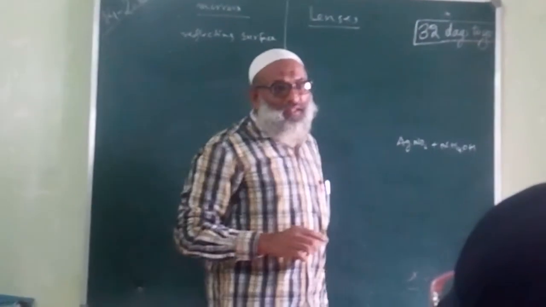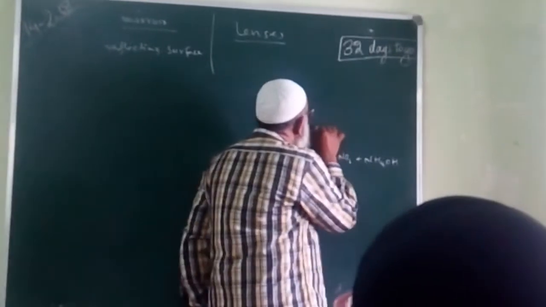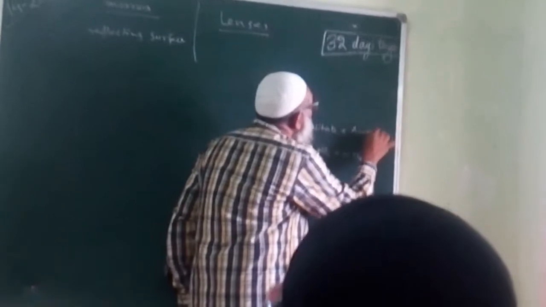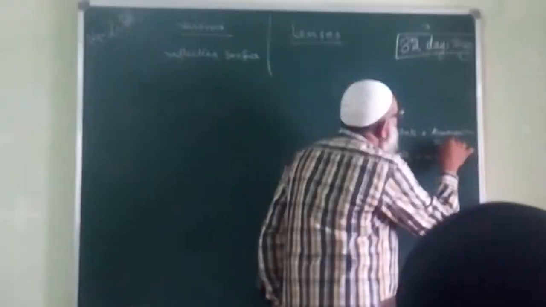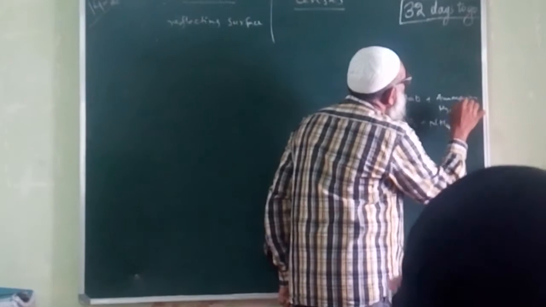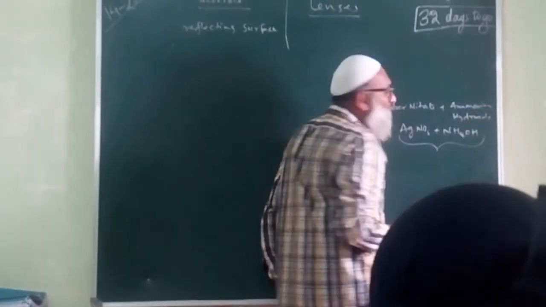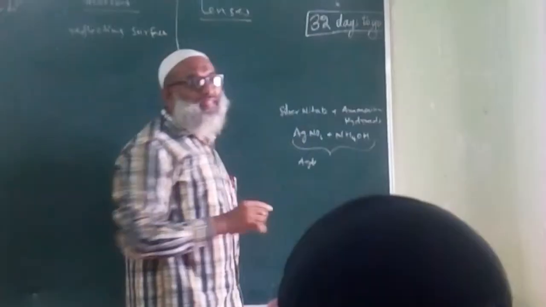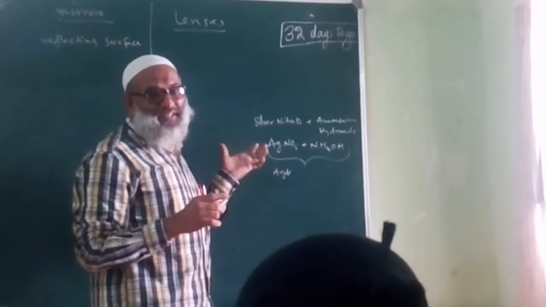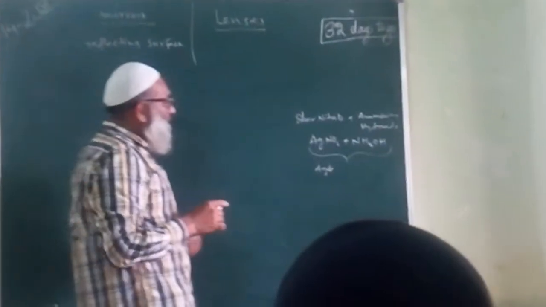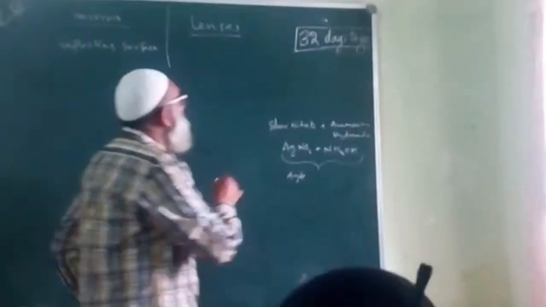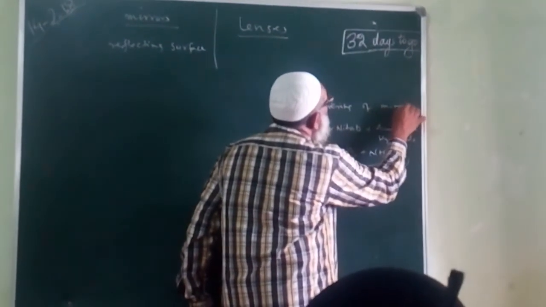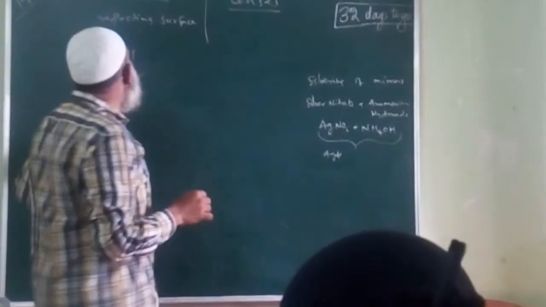Because of this reaction, the silver gets precipitated on the glass surface. This is silvering of glass, making a reflecting surface.